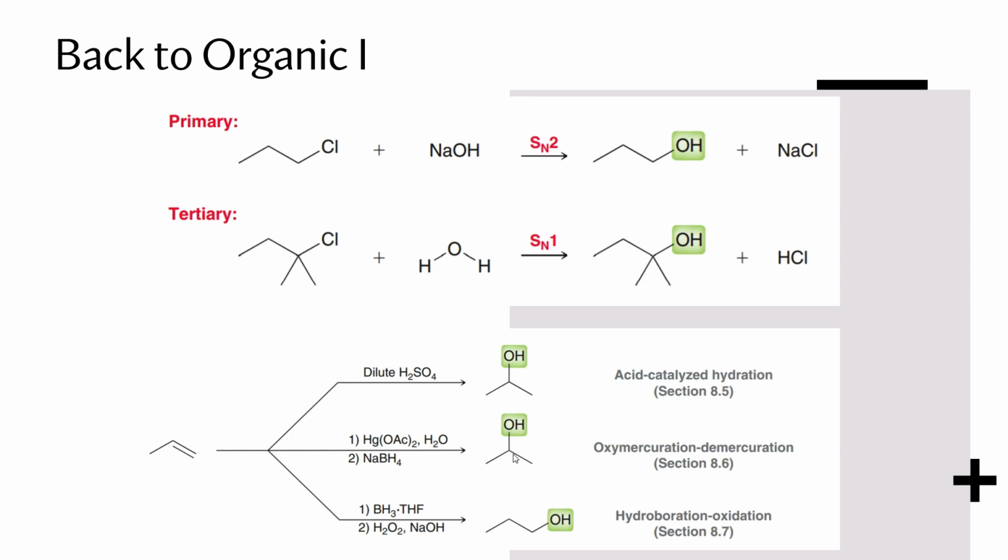You don't want to put it right here on the end because then it would be a primary alcohol. You want to put it right here on this portion of the alkene because it is then secondary, so it's at the most substituted position.